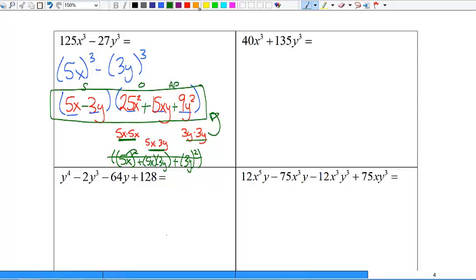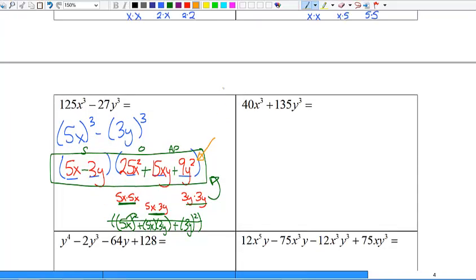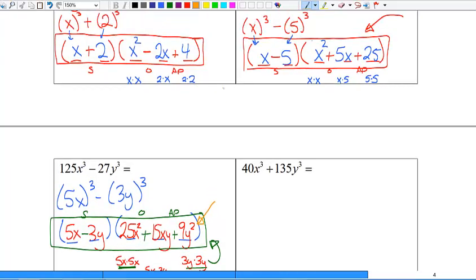The other thing students might mention right about now is that this last term has a squared on it, whereas if you scroll up and look at the other two, they don't have squareds on them. And sometimes I'll have students come back to me the next day and say, okay, some of mine have squareds on it and other ones do not. Can you think about why the first two problems didn't have squareds on the last term and this one does? Well, the reason here is because this last term has a variable on it, 3y times 3y.